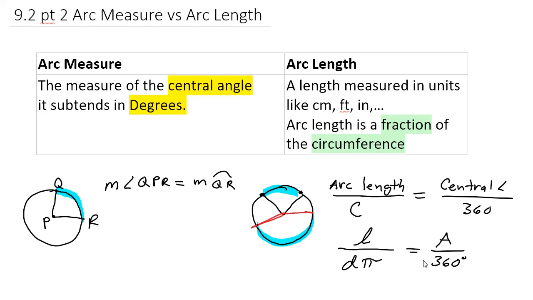Remember that anytime you have a proportion, as long as there's only one variable, you will be able to solve for it. So if I wanted to know the length of the arc, which is what we're going to focus on, then I need to know the circumference of the circle, so I need to know information such as the radius. I also need to know the angle that creates such an arc. Once I have all of that, then I'll be able to figure out the length of the arc.